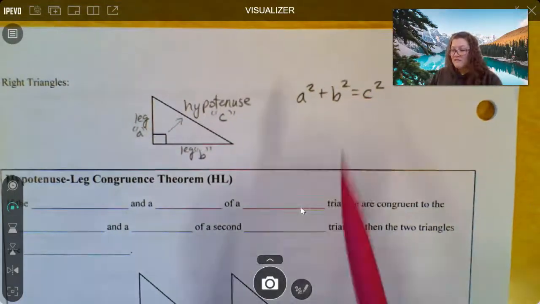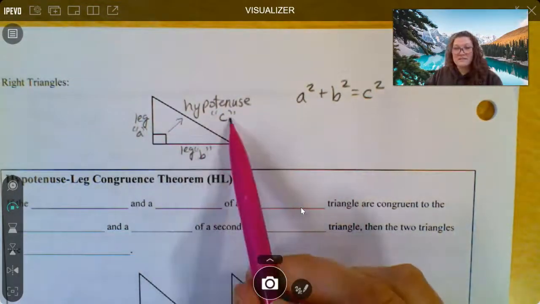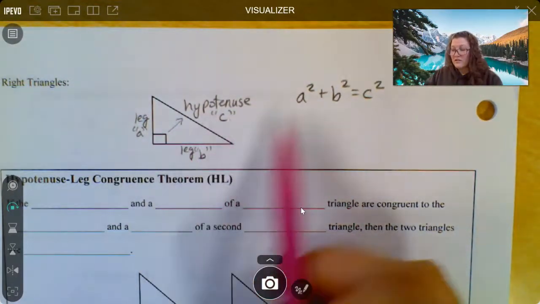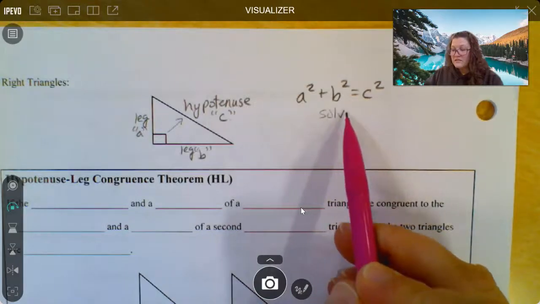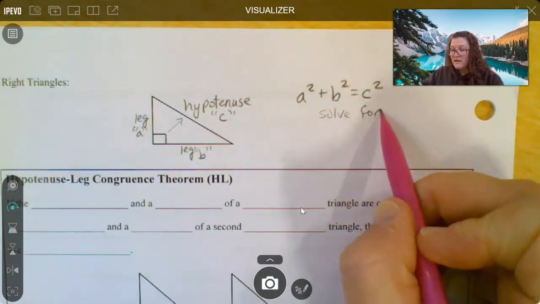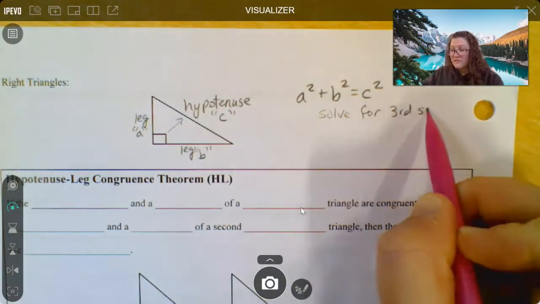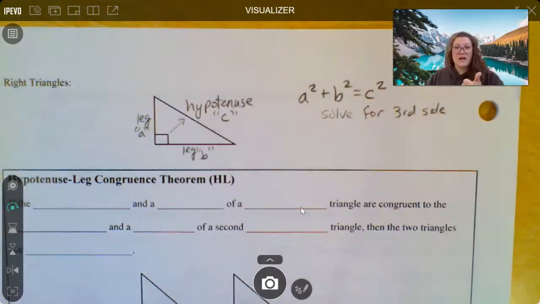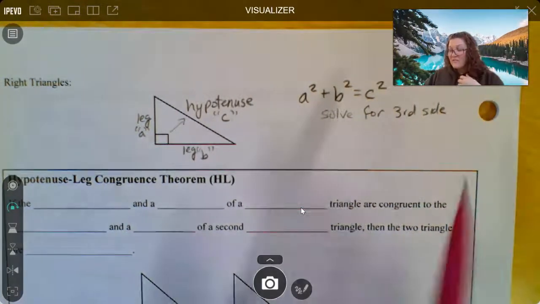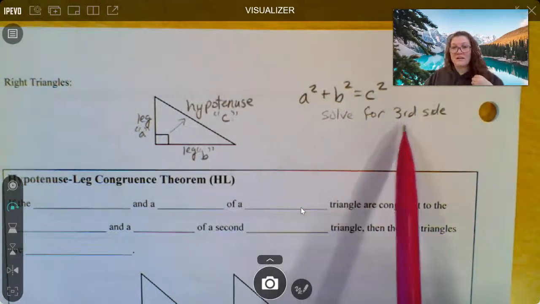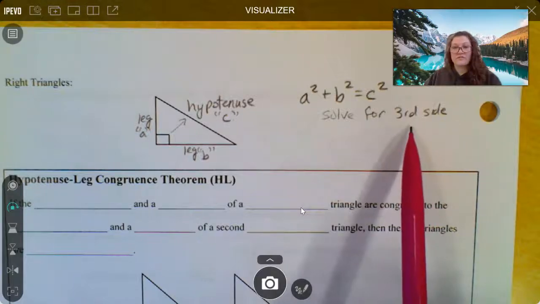And basically, if I know two sides of the right triangle, I can solve this for the third side. So if I know two sides, so a hypotenuse and a leg, then I can always solve for the third side.